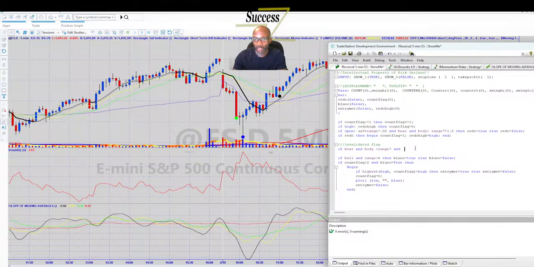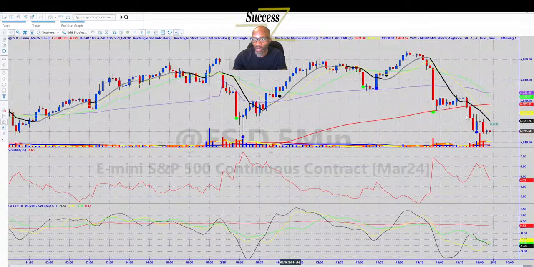So now we also need to make sure that we find the low value of these flags. Or we can just say the low of the count. So we can count back through all these bars instead of just the low of this red candle. We can look at the low of all these. And if it has the lowest low of all these, then that's a problem. We'll do that.